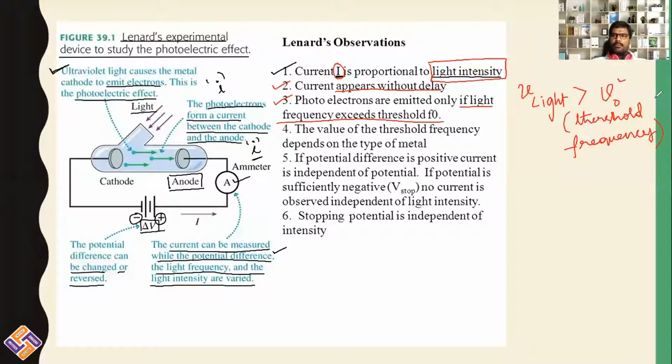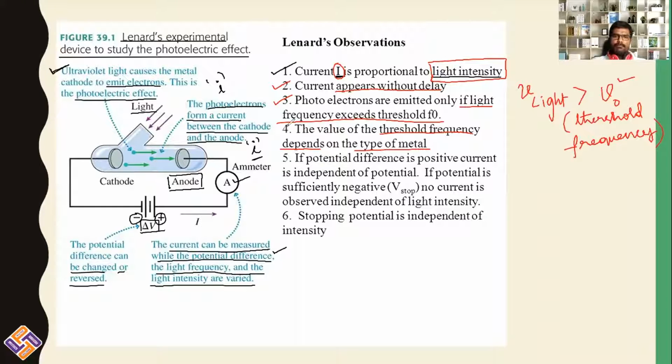Not every frequency does this, only particular frequencies. If the light frequency is greater than a particular value, only then can photoelectrons be ejected from the metal surface. And that frequency at which photocurrent starts in the circuit is the threshold frequency. The value of threshold frequency depends on the type of metal. Different metals have different threshold frequencies. It depends on the nature of the metal.